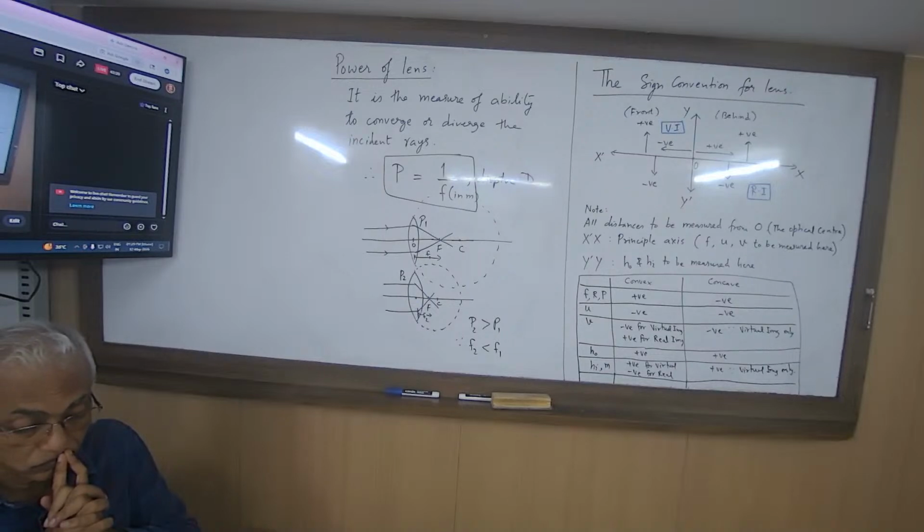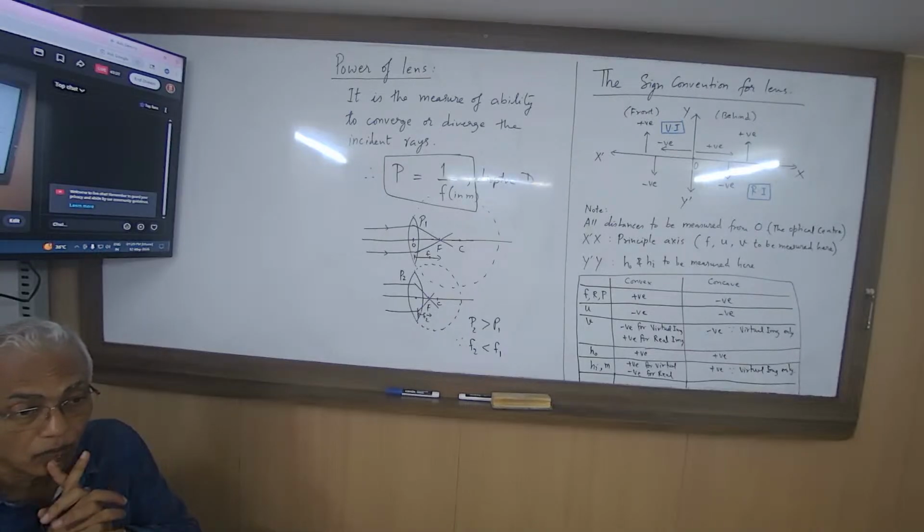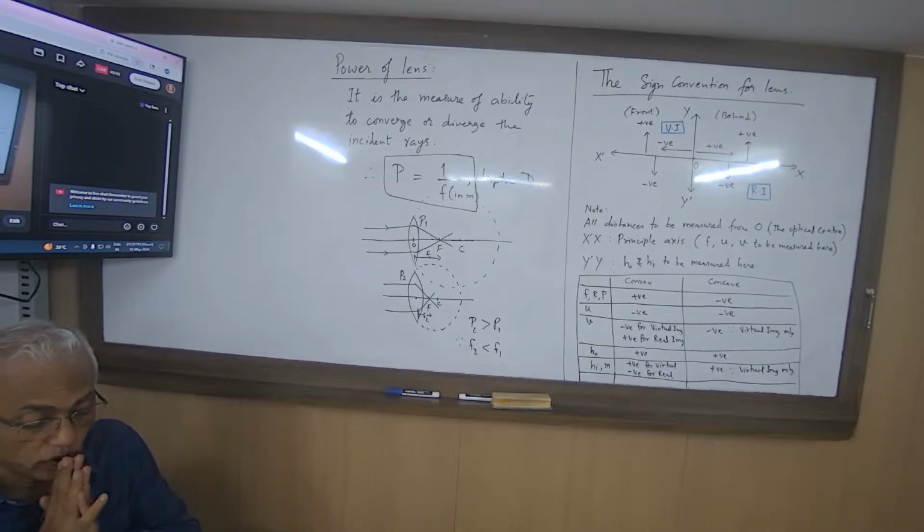Okay, let's go. C. Option C is correct. Why is A not correct?